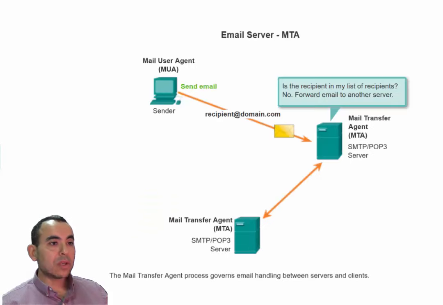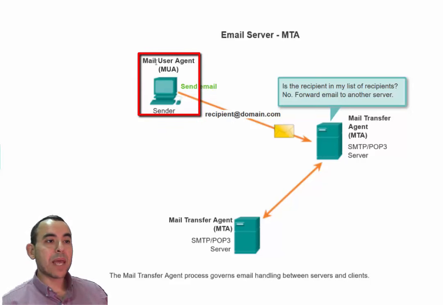So we'll talk about the details of how this SMTP works. The email client runs a service in the background, which we call the mail user agent. The mail user agent is the service or the background process that takes the email content, and then sends that email content using the SMTP protocol from the client to the email server.